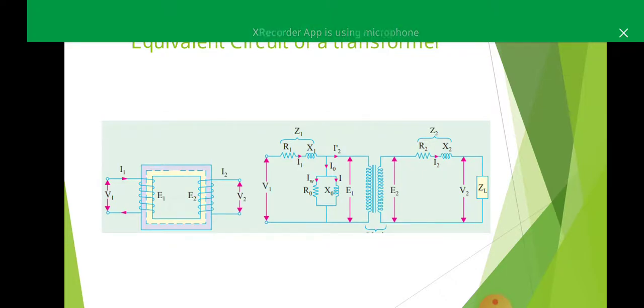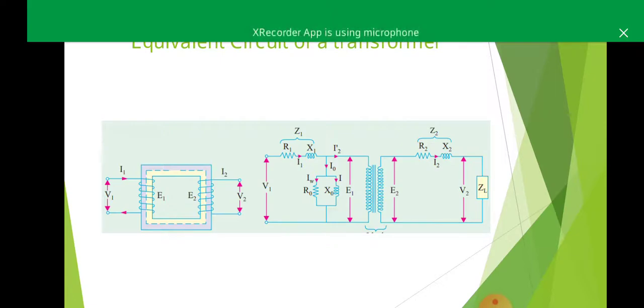I2 dash on the primary side is the component of I1 to nullify the effect of flux 2. N1 is the primary number of turns, E1 the induced EMF on the primary side, N2 the secondary turns, R2 secondary resistance, X2 secondary reactance, I2 secondary current, and E2 secondary induced EMF.